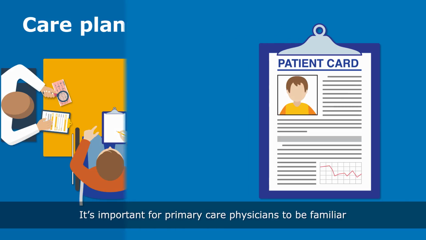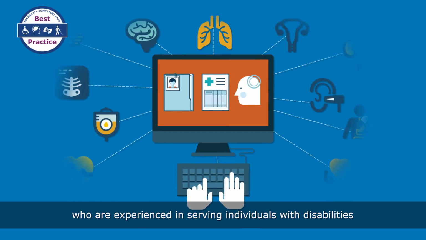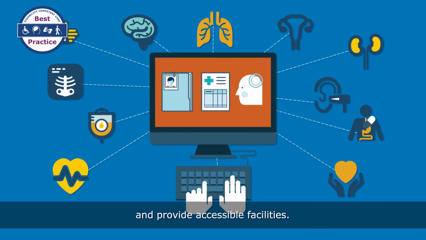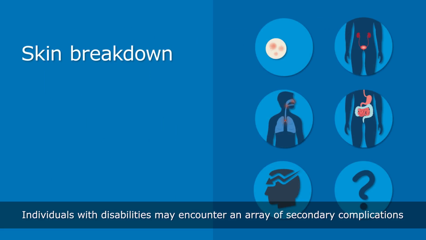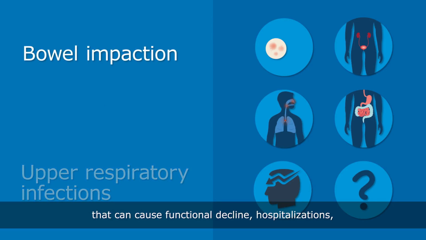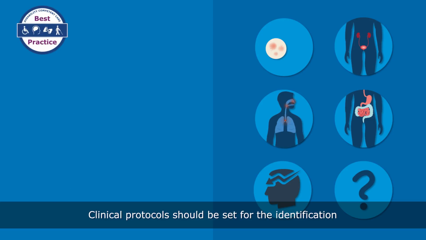It's important for primary care physicians to be familiar with an organized specialist network who are experienced in serving individuals with disabilities and provide accessible facilities. Individuals with disabilities may encounter an array of secondary complications that can cause functional decline, hospitalizations, poor outcomes, and avoidable costs. Clinical protocols should be set for the identification and treatment of these conditions.